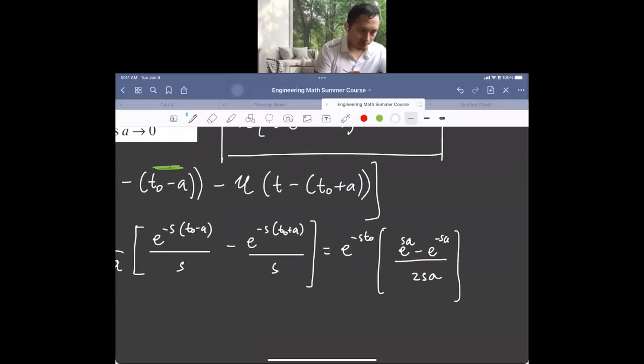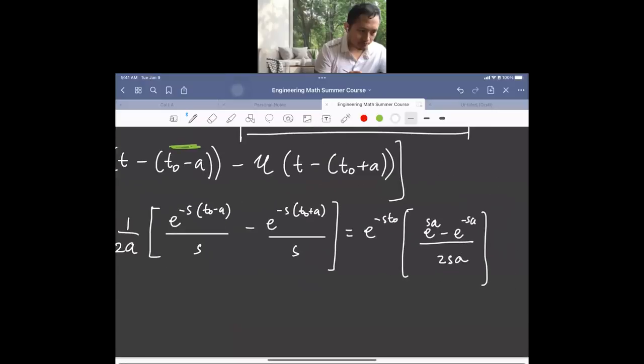Okay, now we have this as our Laplace, and if we apply the limit as a goes to 0, we get an indeterminate form, 0 over 0, right?